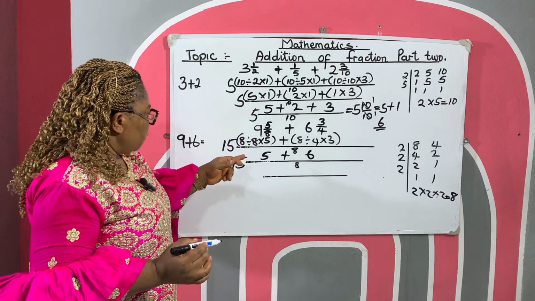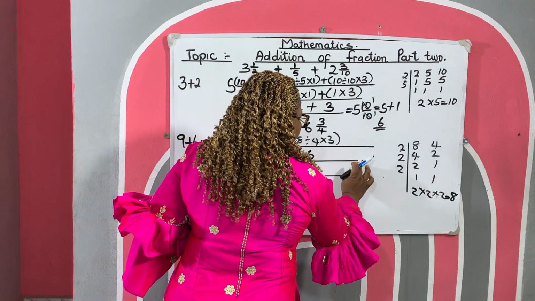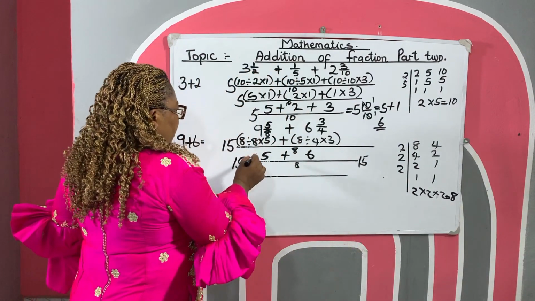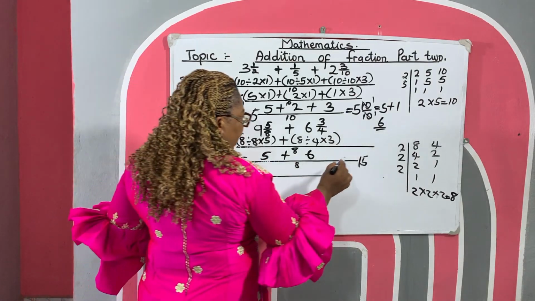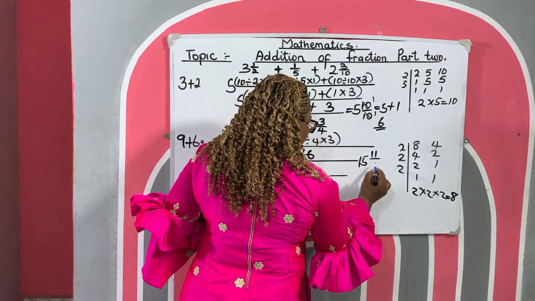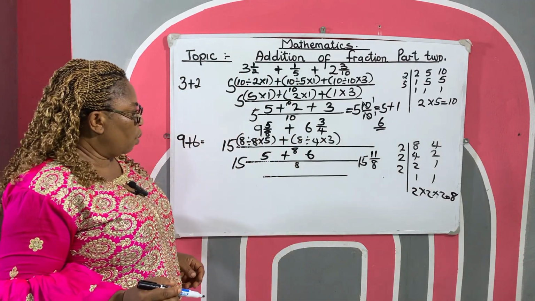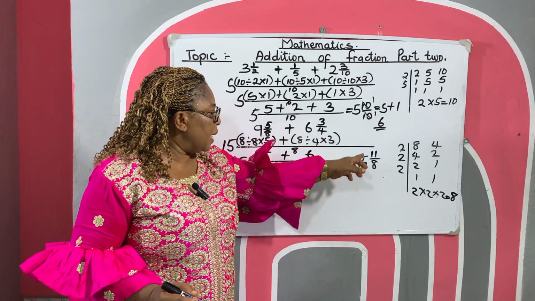So 5 plus 6 will give us 11. So we have 11 over 8. Wonderful. We have 15 whole number, 11 over 8.